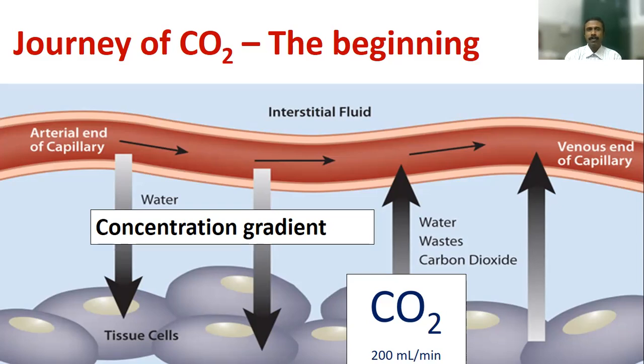Whether it is from the tissue cells to the blood, or from the blood across the alveolo-capillary membrane into the alveoli. There's one added advantage to carbon dioxide here, in that it is 20 times more soluble than oxygen in the blood.